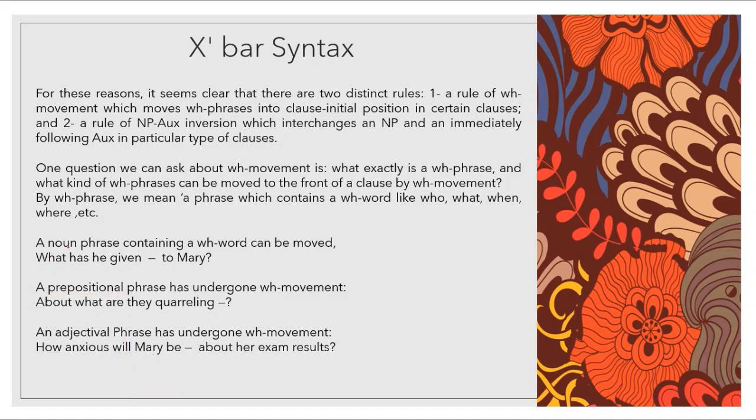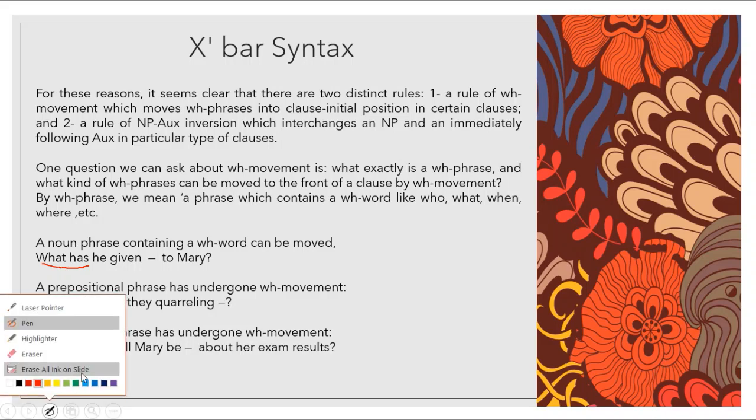Okay, so we have noun phrase, prepositional phrase and adjectival phrase that can move from their original position to the clause initial position, meaning from its original place it can go to the beginning of the sentence.